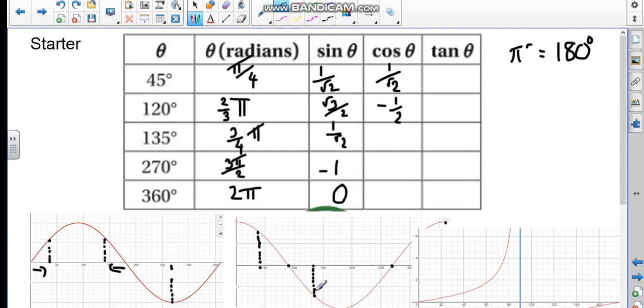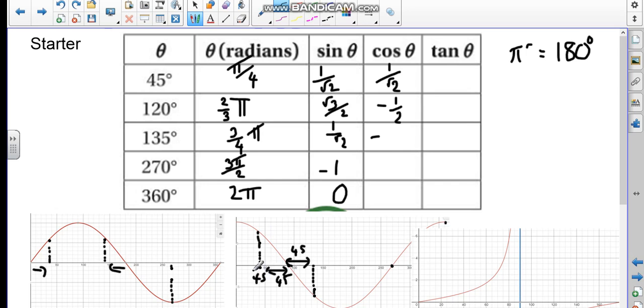So again, I know this one's going to be negative, so I'm going to put the negative in first. Now the difference from 90 to here is going to be 45. So that's going to be the same as this distance here, 45. Okay, which tells me actually this value here is 45.